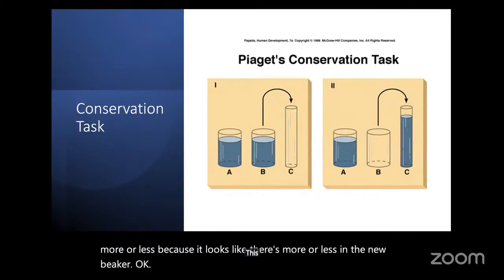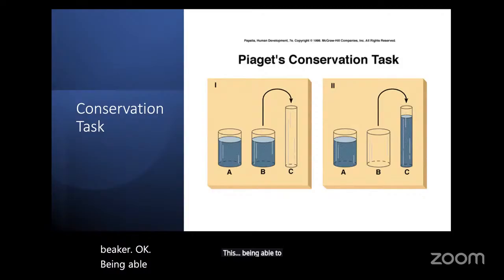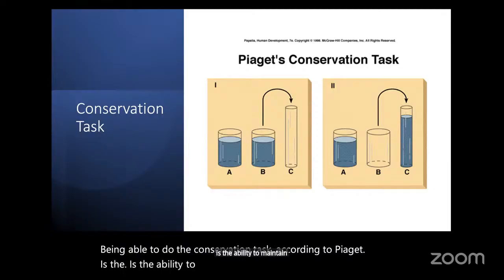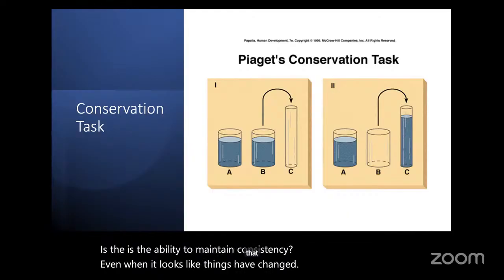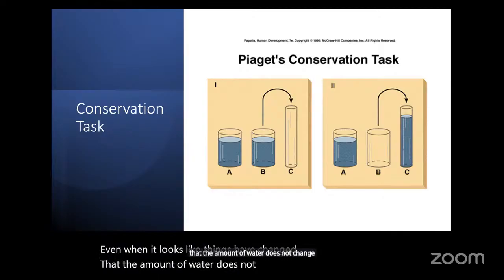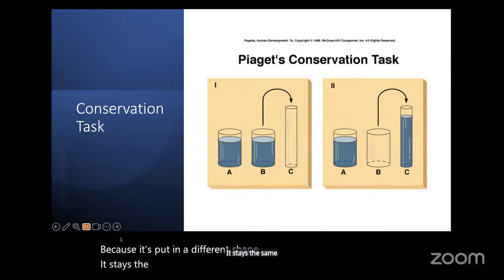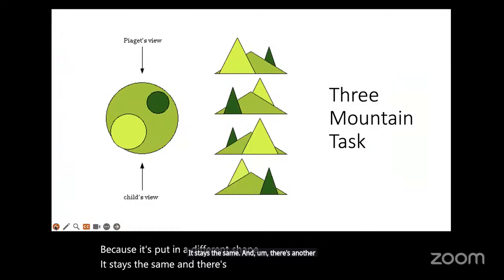This being able to do the conservation task, according to Piaget, is the ability to maintain consistency even when it looks like things have changed. That the amount of water does not change because it's put in a different shape. It stays the same.